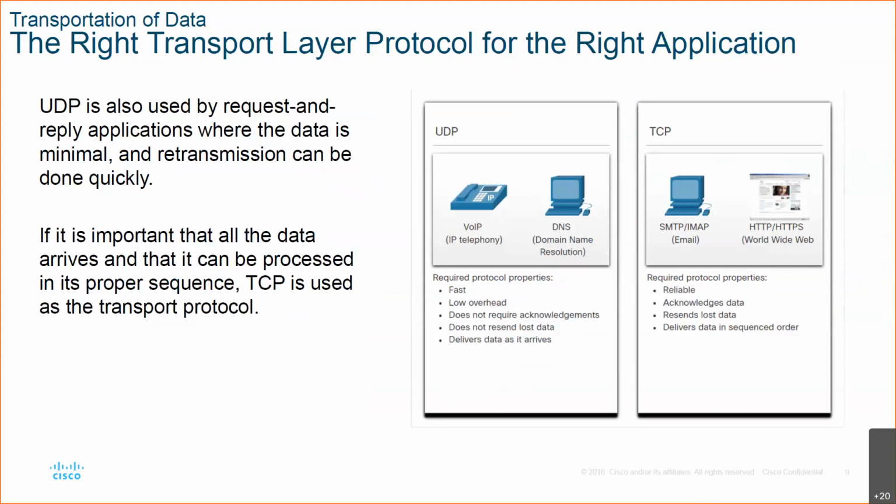Certain applications work better with UDP because you need low overhead and fast access. It doesn't require acknowledgement, and it does not need to resend lost data. Think about using Skype, which is a voice over IP application. That uses UDP.